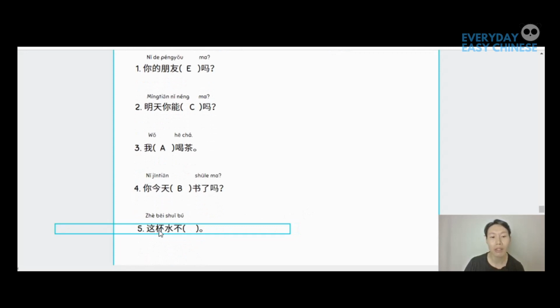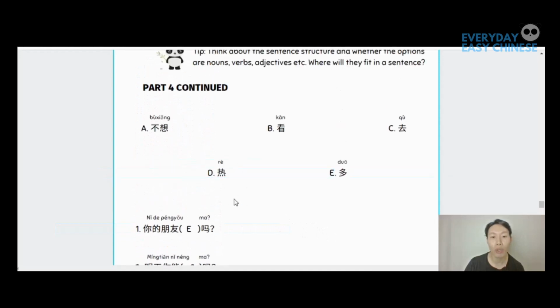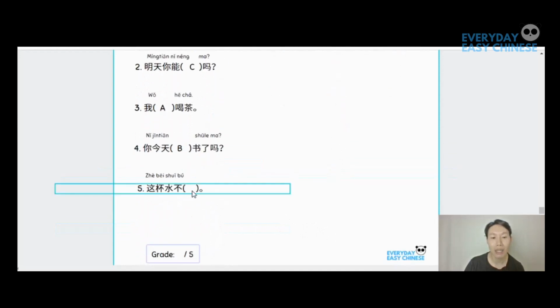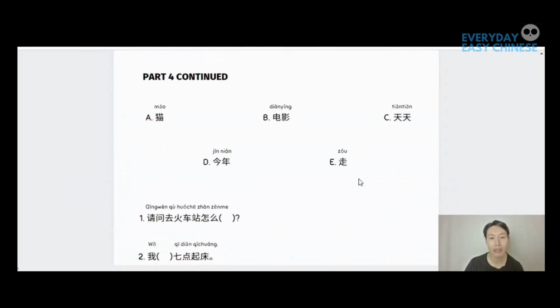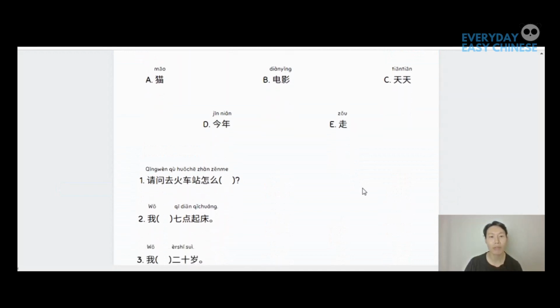Number 5. 这杯水不低热. This cup of water is not hot. Next, we have 请问去火车站怎么？ How do I go?